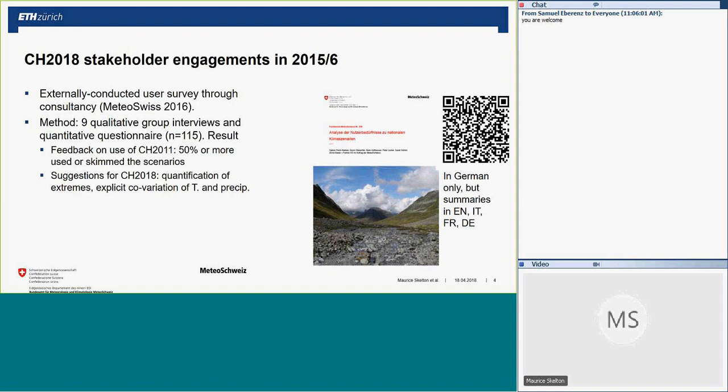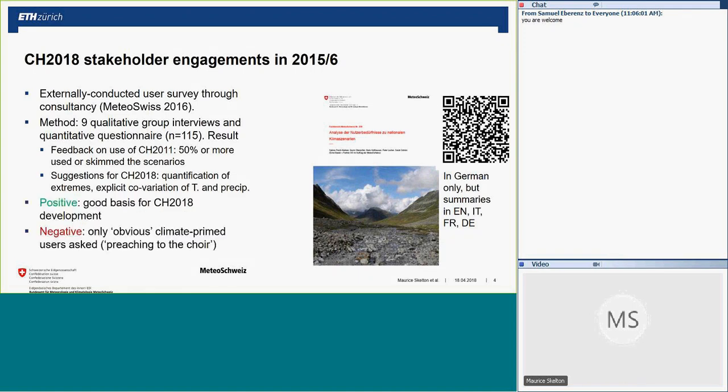One of the aspects that came back from the users is that the quantification of extremes is very much desired. Before, in CH2011, that was less quantitative, and there's also explicit covariation of temperature and precipitation, which was unfortunately not really possible before because of the methodology chosen, the delta change approach. So this report is a very good basis to develop CH2018.